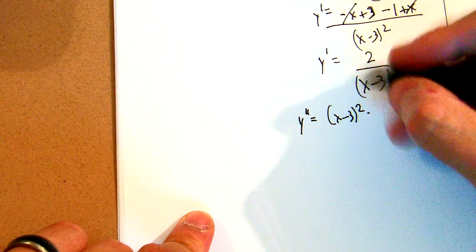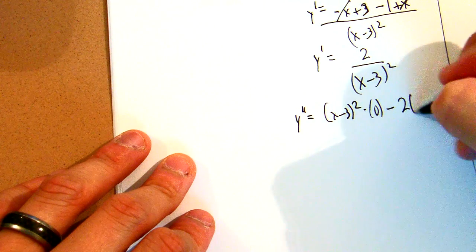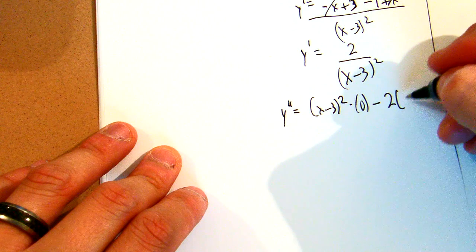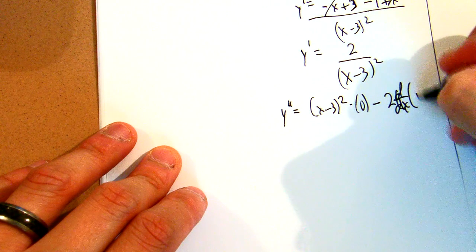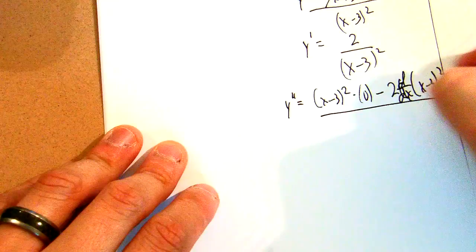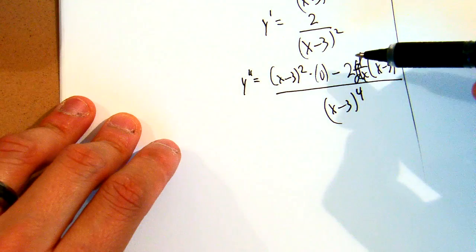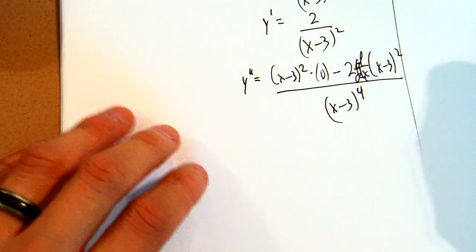The derivative of a constant is 0, minus high, d low. So I'm going to write this derivative out here, times the derivative of x minus 3 squared, all over low low. So this is to the 4th power, right? Because when you square a square, you get to the 4th, right?